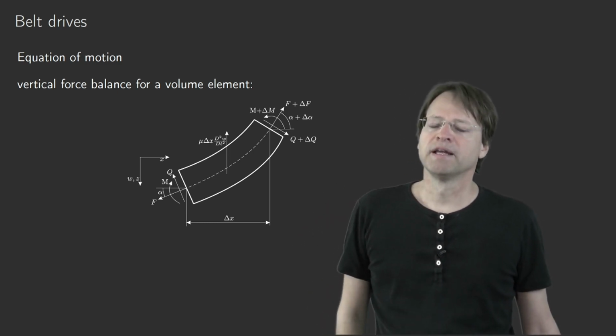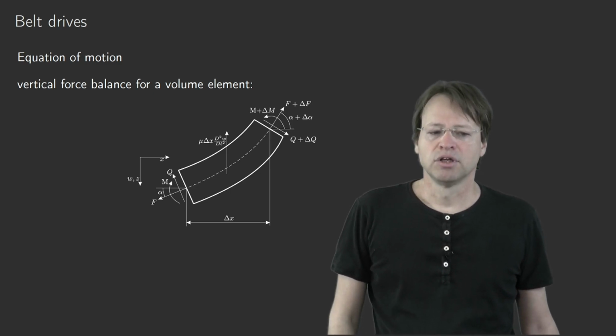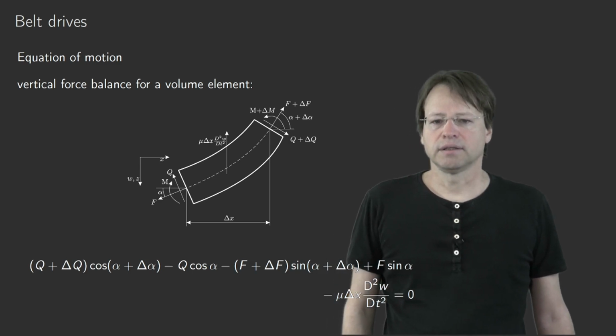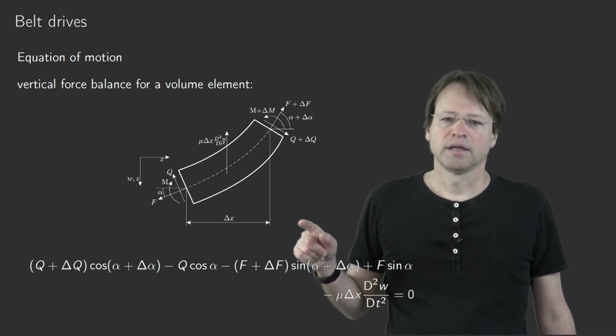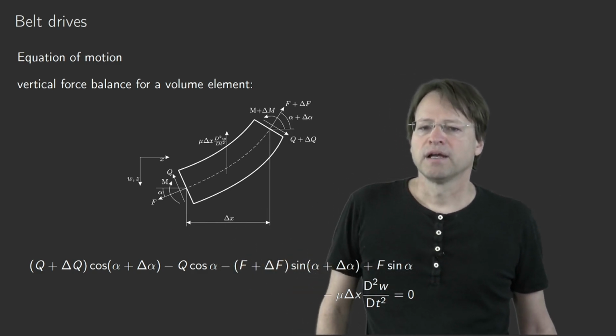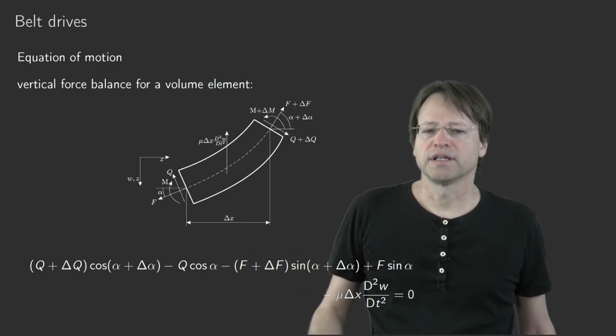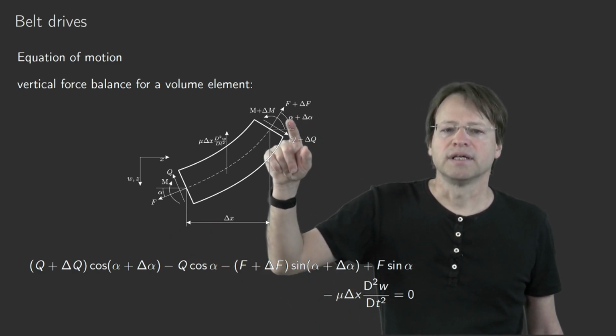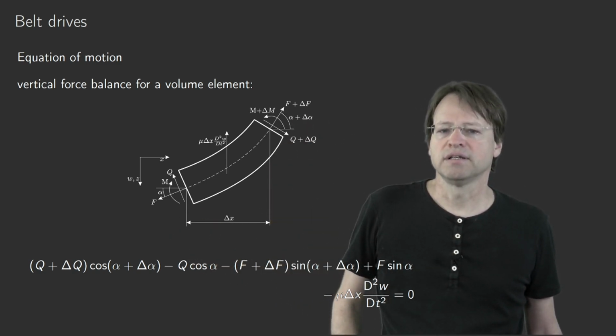But first of all, let's formulate the balance of forces in transverse direction. So we have Q plus delta Q with the cosine of the angle alpha plus delta alpha, so this angle here.